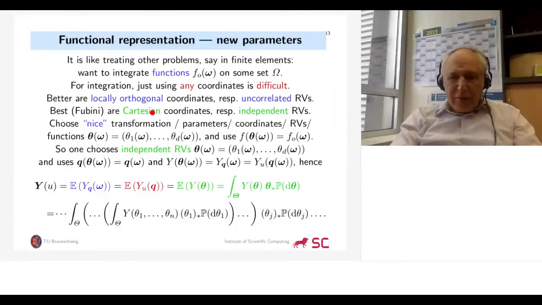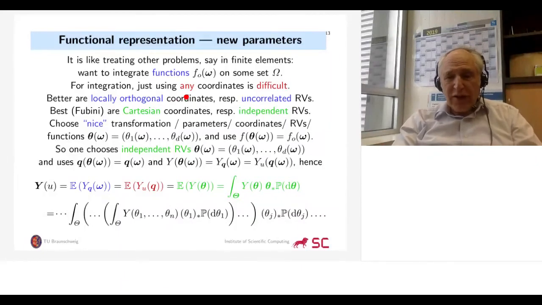It's already better if you have coordinates which are locally orthogonal, okay? For instance, spherical coordinates, cylindrical coordinates, or whatever, they are locally orthogonal. It's already much easier to compute integrals. Or in 2D, the polar coordinates.